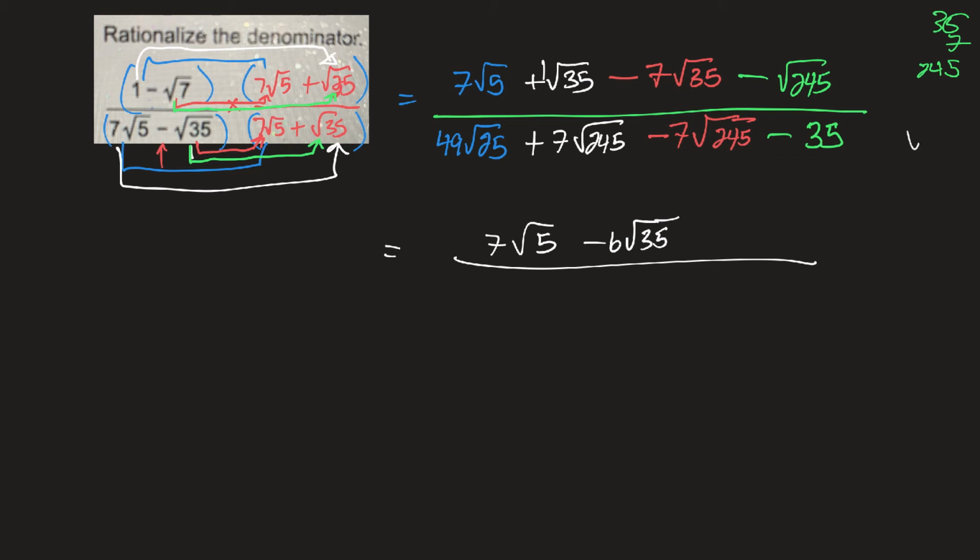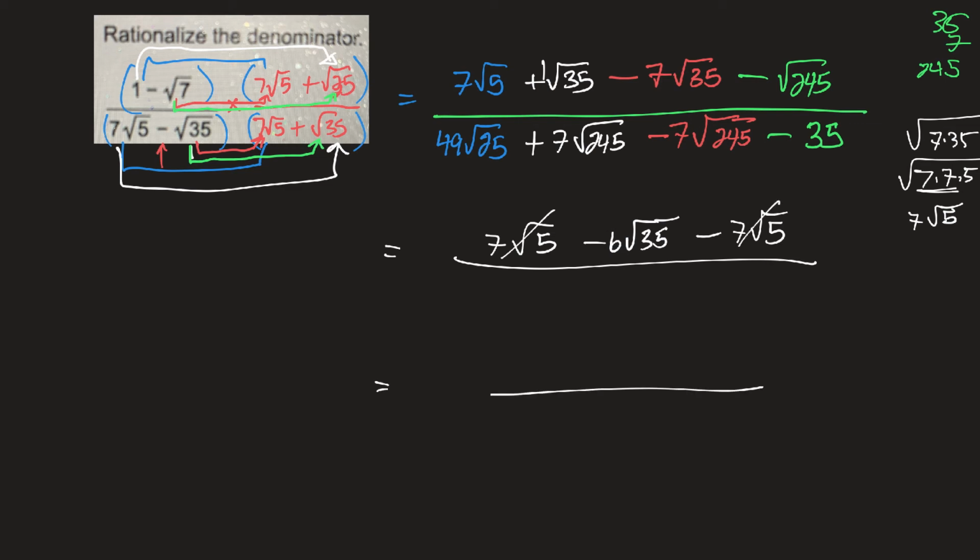So it'd be root 7 times 35, or root 7 times 7 times 5. Since there's two 7s, it'd be 7 root 5. So this would be minus 7 root 5. Oh, so those cancel. Nice. So on the top, all I have is a minus 6 root 35.